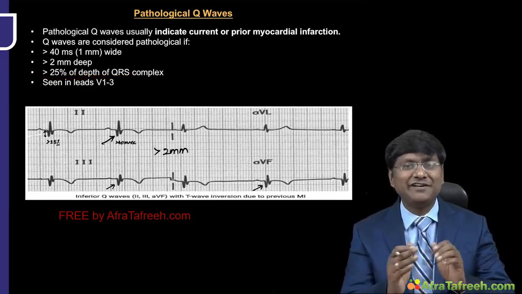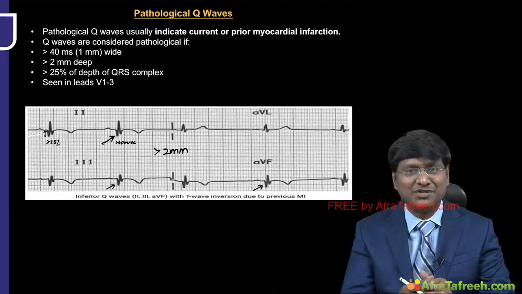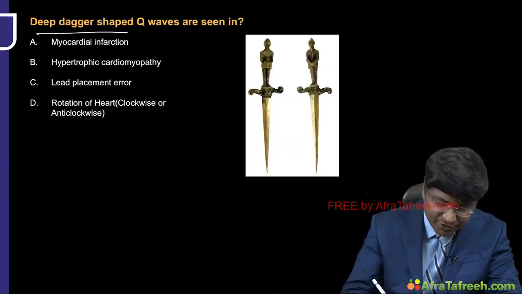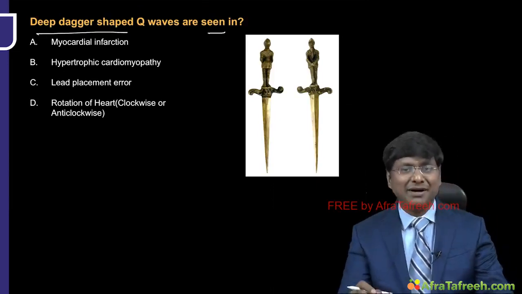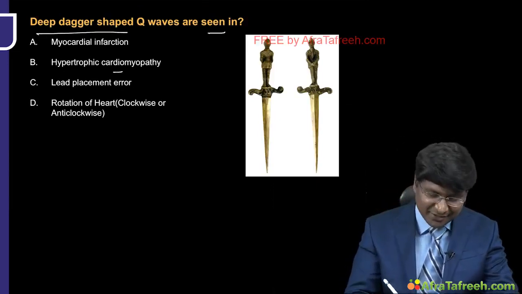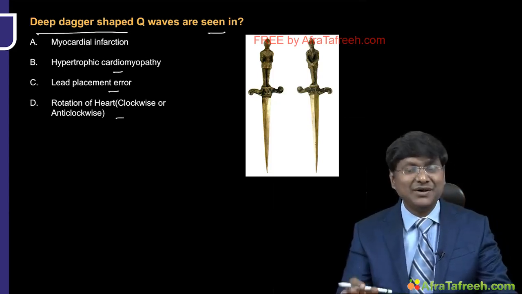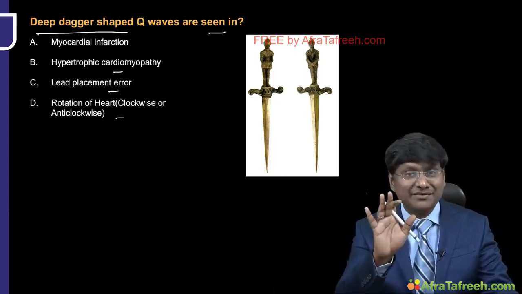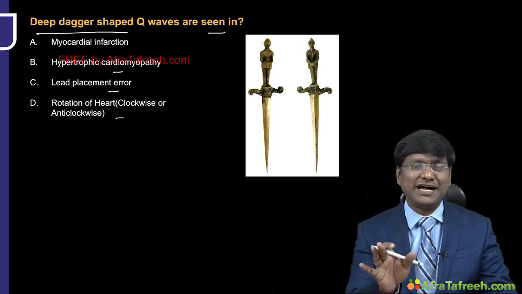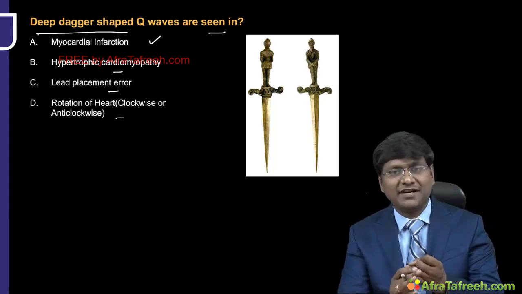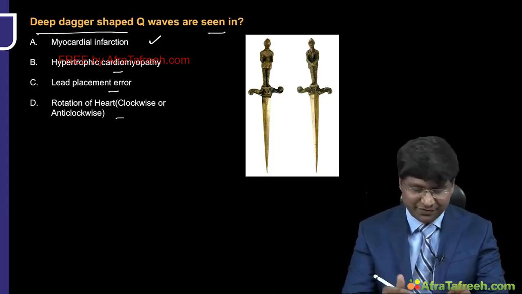Now what are the differential diagnoses for the appearance of the Q wave? Now you see this question, very important. Deep dagger shaped Q waves are seen in myocardial infarction, hypertrophic cardiomyopathy, lead placement error, rotation of the heart. In case of myocardial infarction, there will be pathological Q wave.